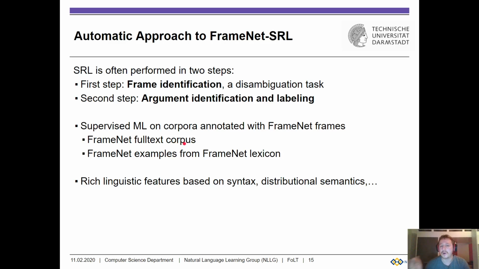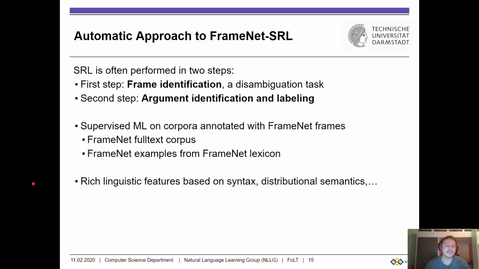So we have such corpora annotated with frames and the arguments of the semantic frames and the labels for those arguments. So we can actually train a system on the annotated corpus and then apply this system to novel unseen sentences.